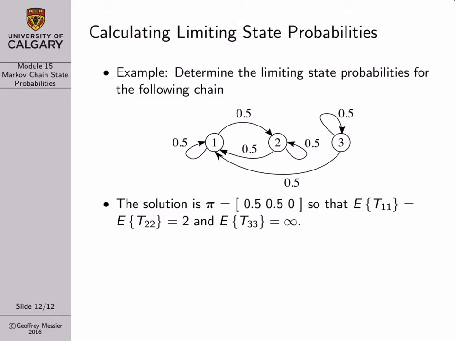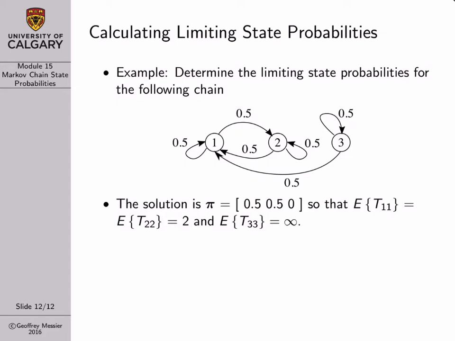So in the vocoder example, you'll notice that limiting state probabilities existed for all of the states. The vocoder is an irreducible Markov chain that consists of a single class where all the states communicate. So we would expect that limiting state probabilities would exist for all of them. However, this final example is a Markov chain that we've seen before, where just by inspection we can tell that we've got two classes: a class that consists of states 1 and 2, and another class that consists of state 3.